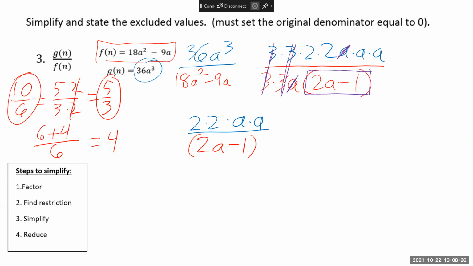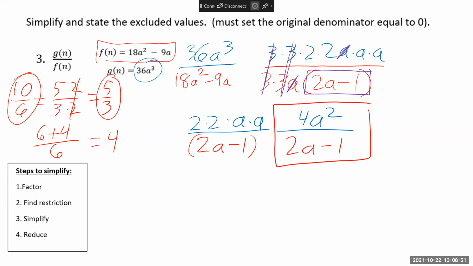It's the minus sign. The minus sign is linking the 2a and the negative 1. This now is my answer. I can clean it up a little bit. I can rewrite this 2 times 2 times a times a as 4a squared, all divided by 2a minus 1.